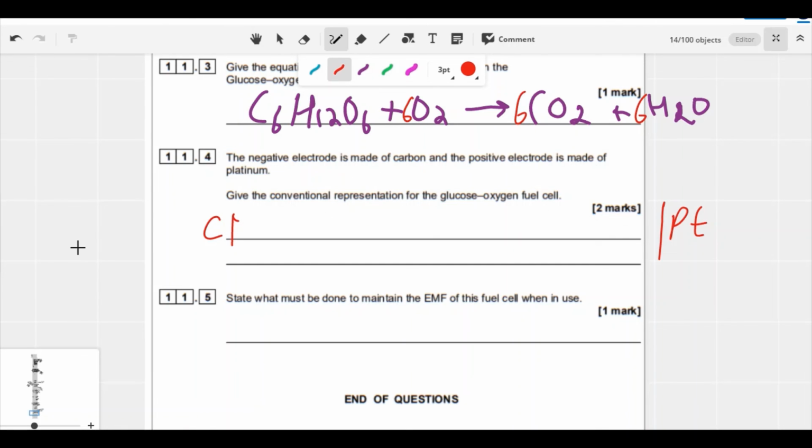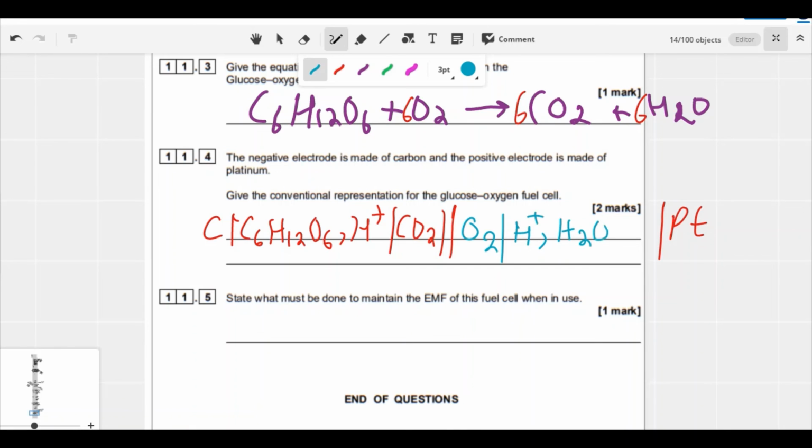At the carbon negative electrode, there will be glucose C6H12O6 along with protons and carbon dioxide, while on the other side there will be oxygen along with protons and water molecules, at platinum.